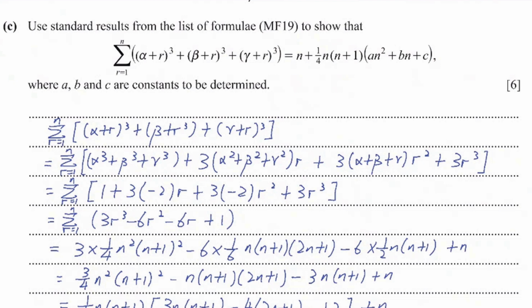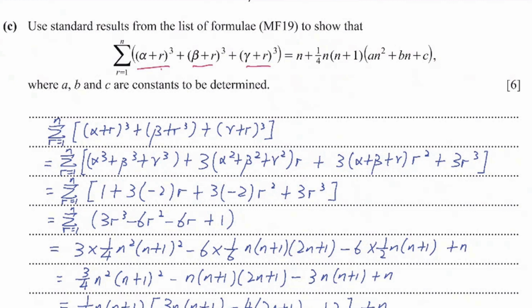What we can see from here is that we are going to expand it, but we just need to expand it smartly. Why do I say we have to expand it smart? Because for each of the cube terms, they are actually all the same.